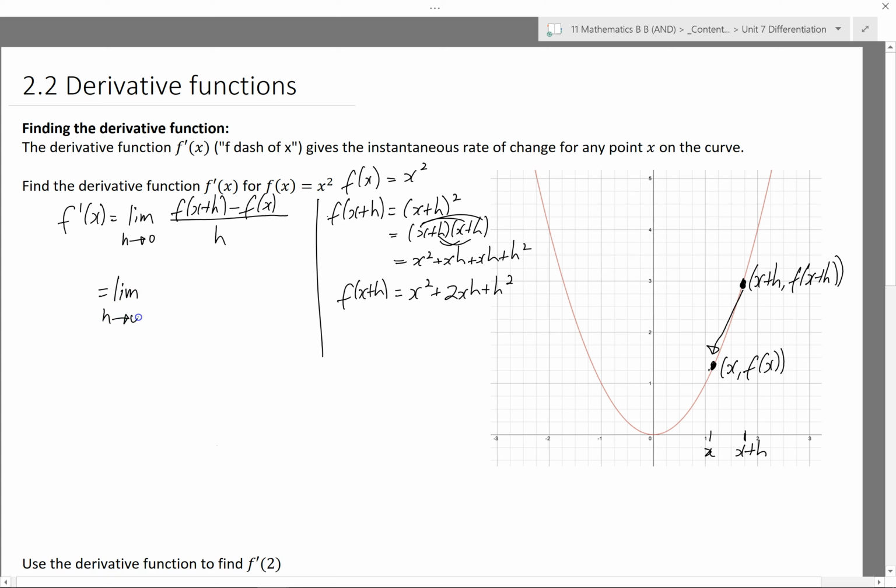So limit as h approaches 0 of x squared plus 2xh plus h squared minus f of x, which is x squared, okay, that just goes in there, divided by h. Okay, now I'll look on the top line and see that I've got x squared and minus x squared, which will cancel each other out. So I'll only have 2xh plus h squared all over h.